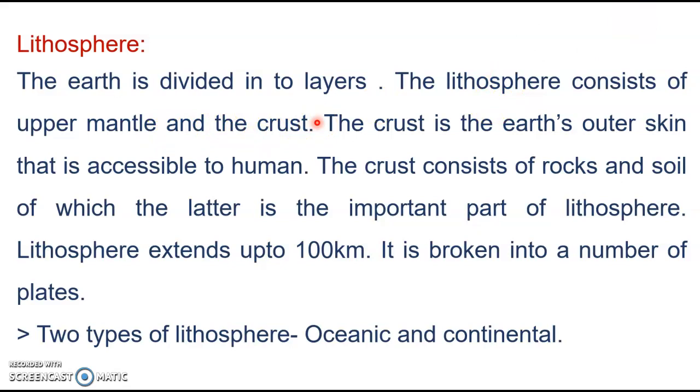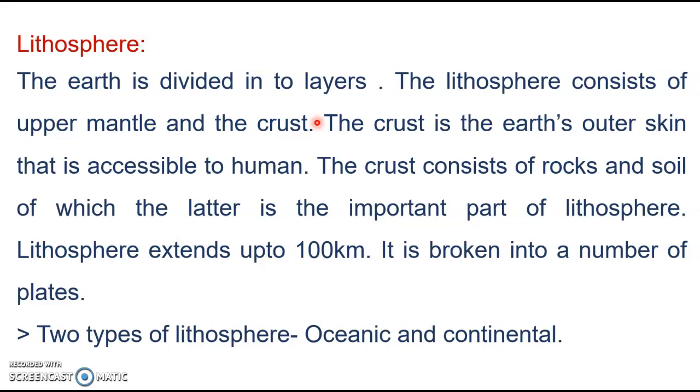I already mentioned crust is the outer skin of the earth that is accessible to humans and which consists of rocks and soils. And soil is very important for plants. This lithosphere extends up to 100 km in depth.